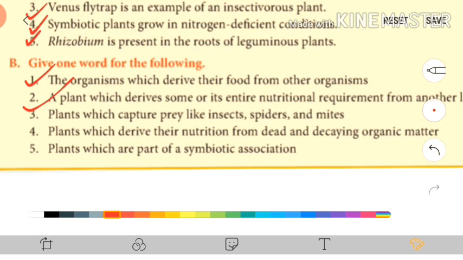Fourth one, plants which derive their nutrition from dead and decaying organic matter, so it is called as saprophytic. Fifth one, plants which are parts of a symbiotic association, so it is symbiosis.